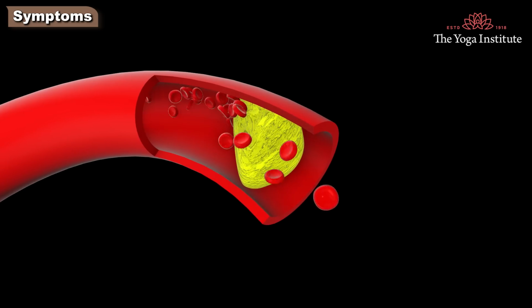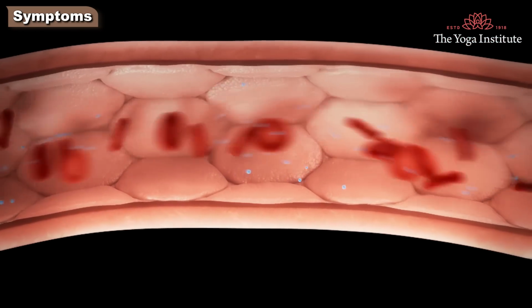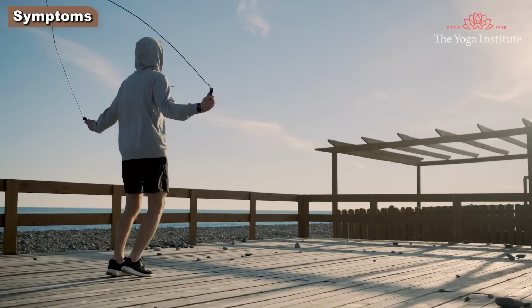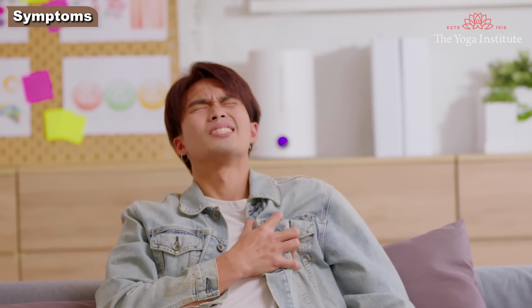If the coronary arteries are narrow, they can't supply enough oxygen-rich blood to the heart, especially when it's beating hard, such as during exercise. At first, the decreased blood flow may not cause any symptom, but as plaque continues to build up in the coronary arteries, one may develop certain signs and symptoms. First one, chest pain, angina. One may feel pressure or tightness around the chest, as if someone is standing on your chest.